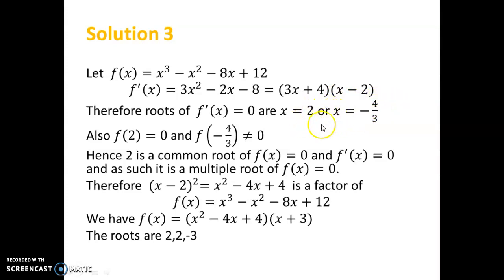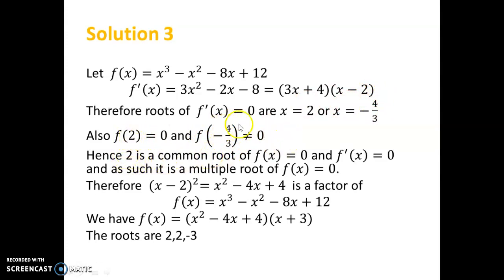Here you can see that f of 2 will be equal to 0. Suppose we put x equal to 2 in this expression, then f of 2 will be 2 cube minus 2 square minus 8 into 2 plus 12, that is 0. And also you can see that whenever we put x equal to minus 4 by 3, f of minus 4 by 3 is not equal to 0.